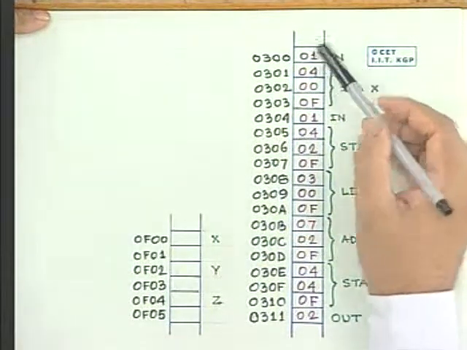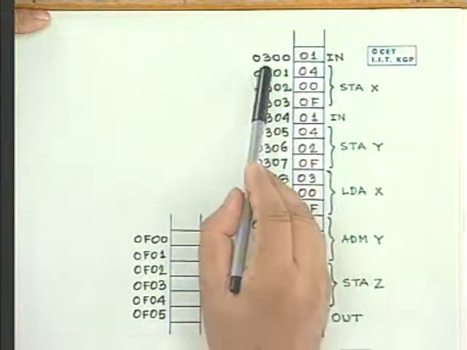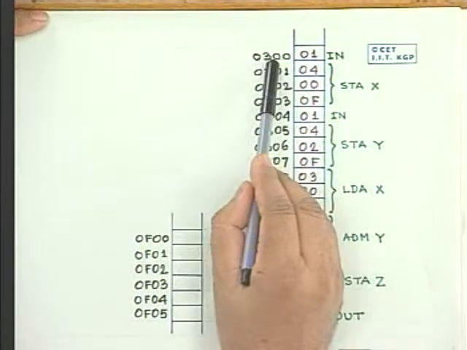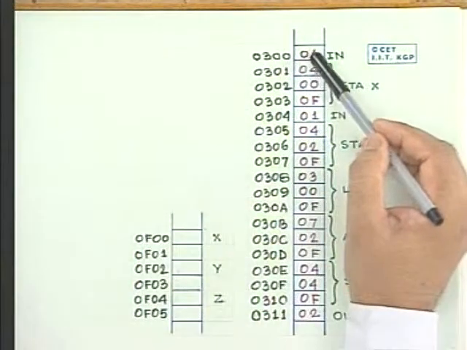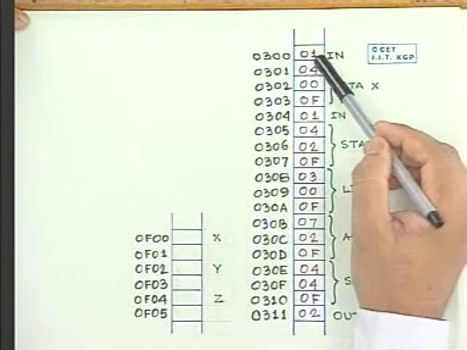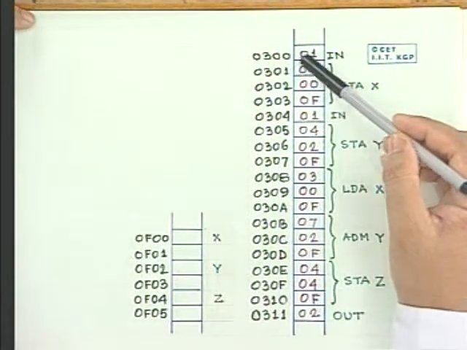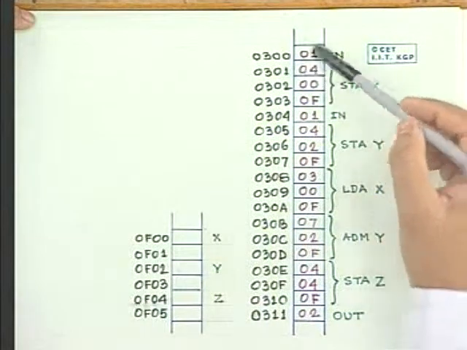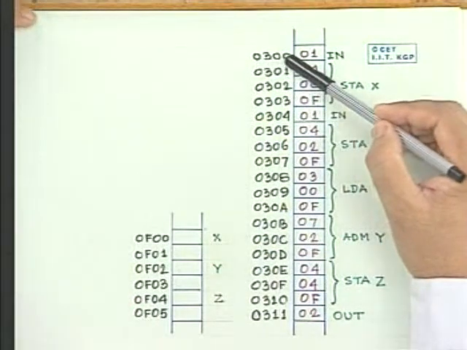Each memory location consists of 1 byte. The black figures give me the address of that memory location, and the pink gives me the content of that memory location. Here I have assumed that my program has been loaded from the hexadecimal location 0300.